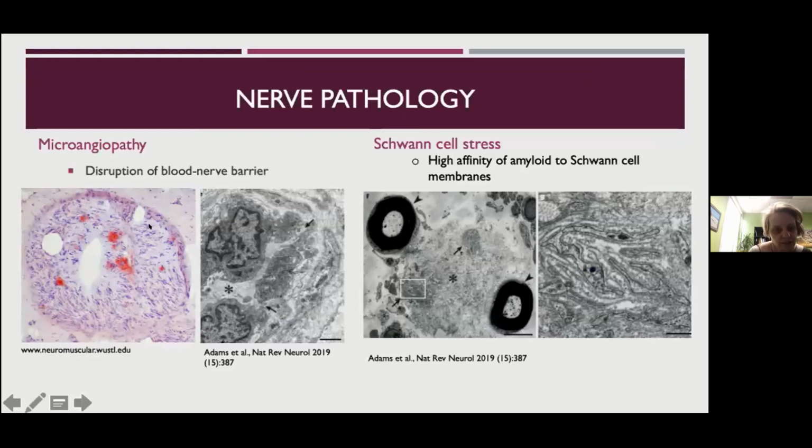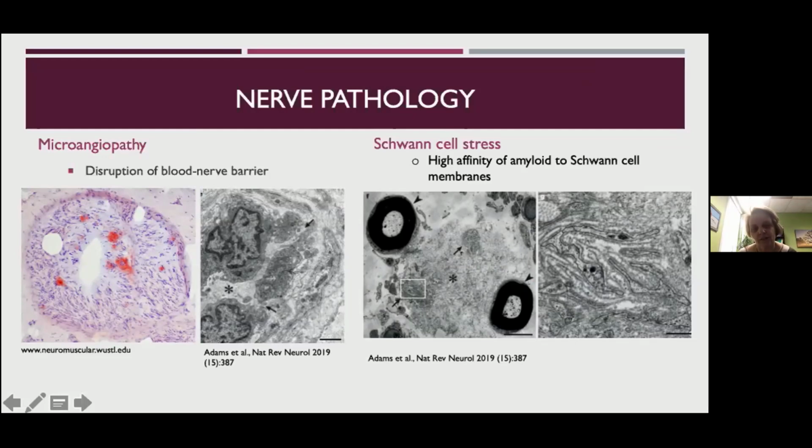Here you can see a nerve bundle, and in red with Congo red staining is the amyloid. At EM, you can see that the blood-nerve barrier is disrupted, so there shouldn't be an opening here, and here is amyloid deposition. Another hypothesis is that the amyloid has a high affinity to Schwann cells that surround small myelinated and unmyelinated axons.